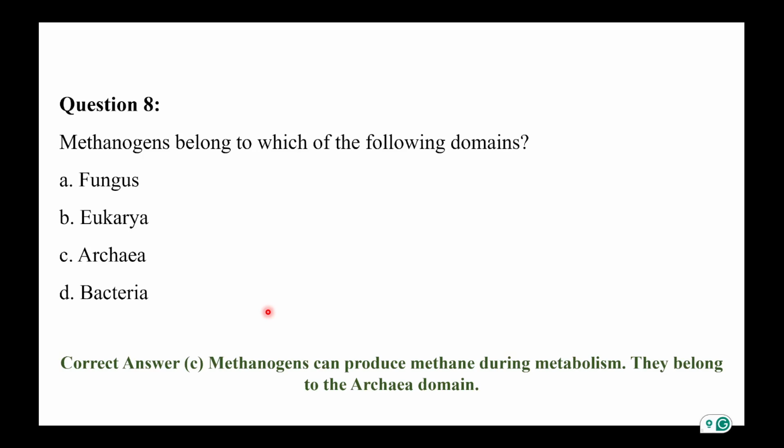Generally, eubacteria are commonly written as bacteria, and archaebacteria are considered a different subdomain, because most of the archaebacteria have the ability to grow in extreme environmental conditions. Okay, so methanogens come under the archaea domain of the bacteria.